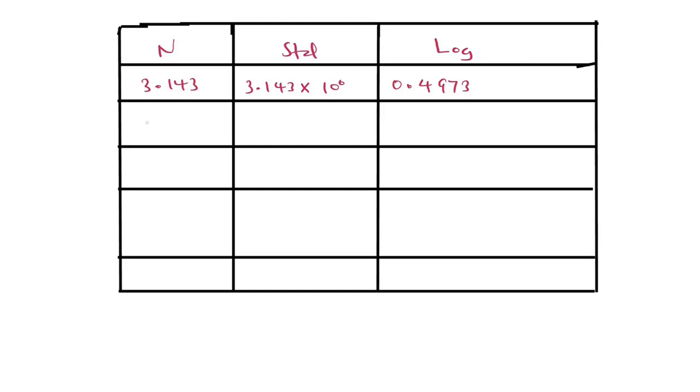Our next number is this 0.81 squared. Okay, so next let us write this in standard form. So we are going to have 8.1 times 10 power negative 1, squared. Okay, so finding its logarithm, we are going to read from the table log 8.1.